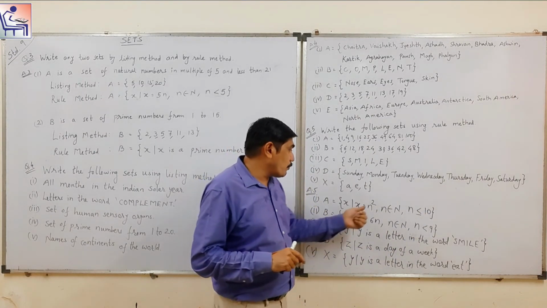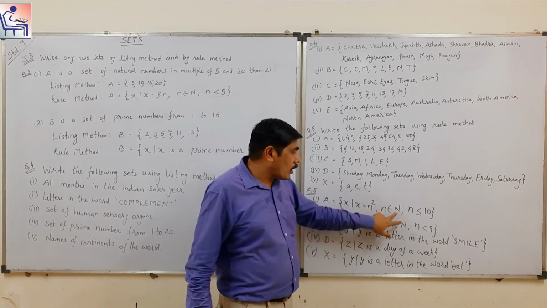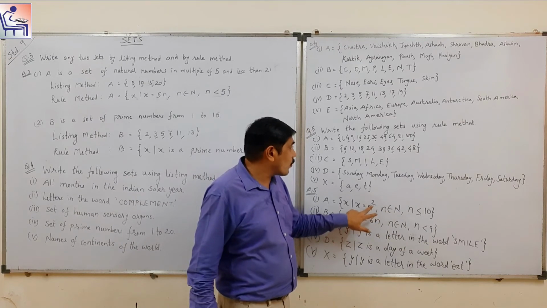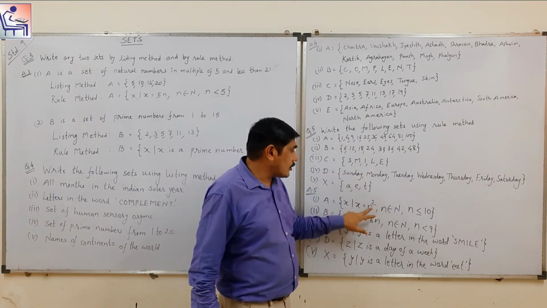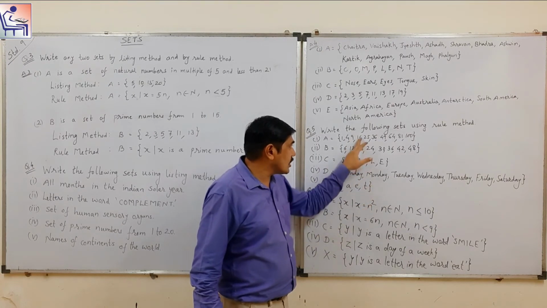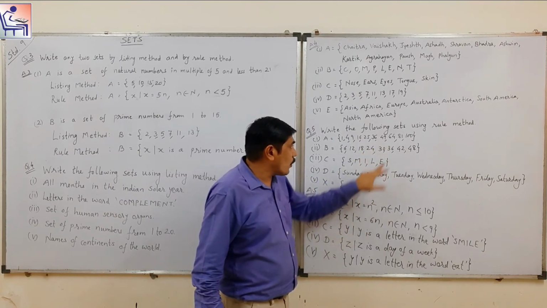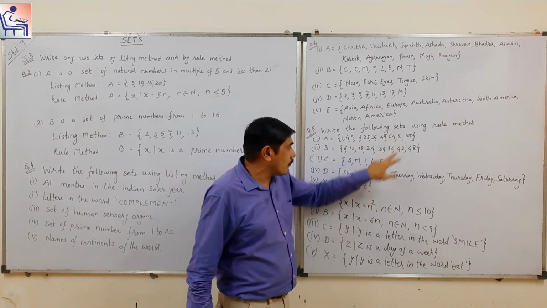So here when you put in this equation x is equal to n square, when you put the first natural number as 1, so 1 square 1, then second 2, 2 square 4, then 3 square 9, 4 square 16, 5 square 25, 6 square 36, 7 square 49, 8 square 64, 9 square 81.